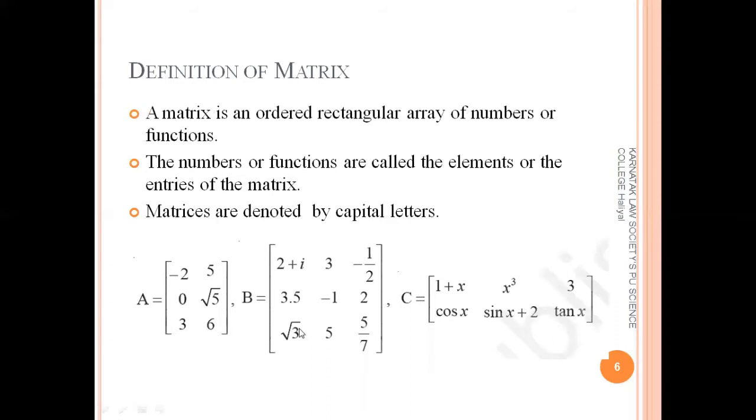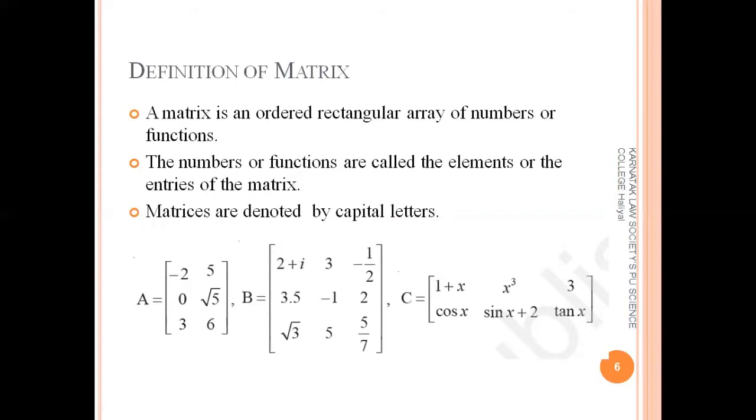Let us formally define a matrix. A matrix is an ordered rectangular array of numbers or functions. The numbers or functions are called the elements or the entries of the matrix and they are denoted by capital letters. These are a few examples of matrix.